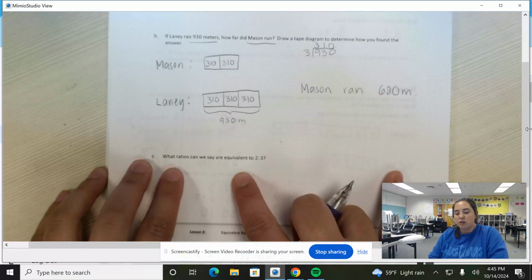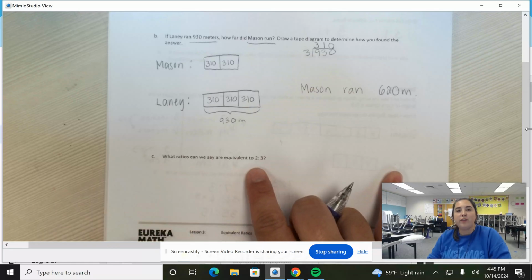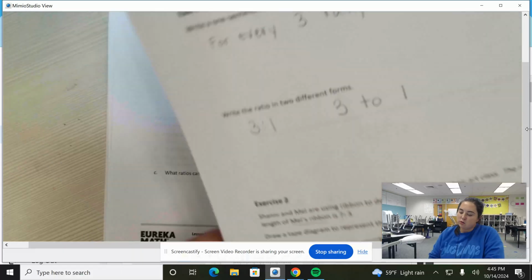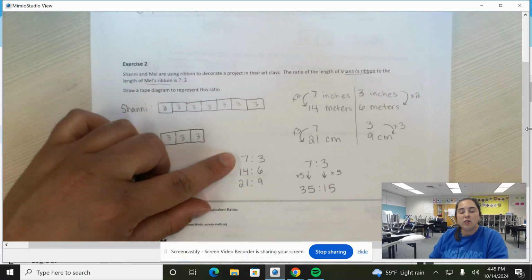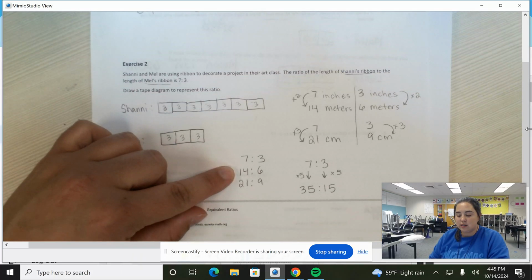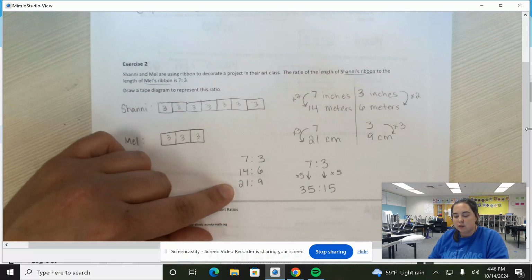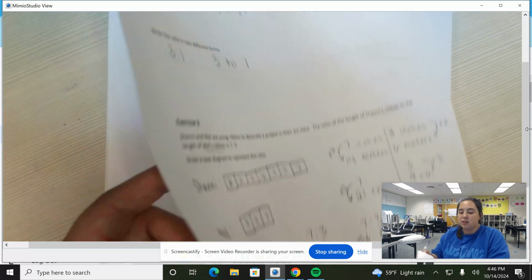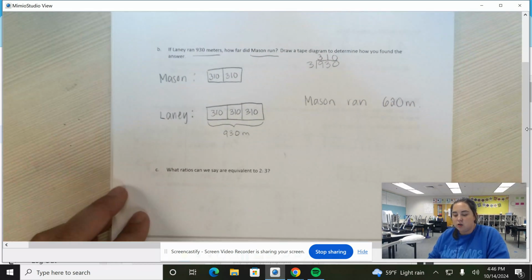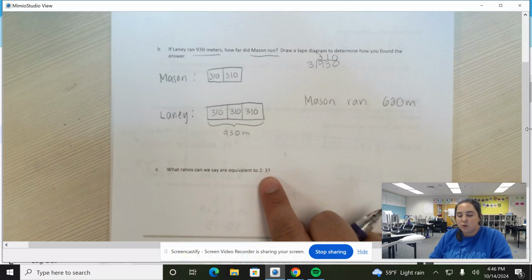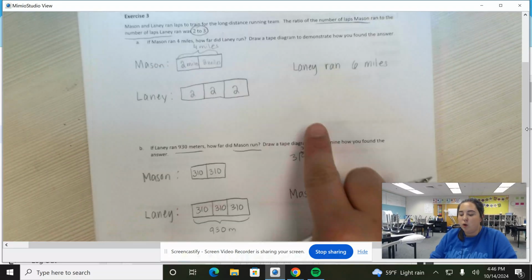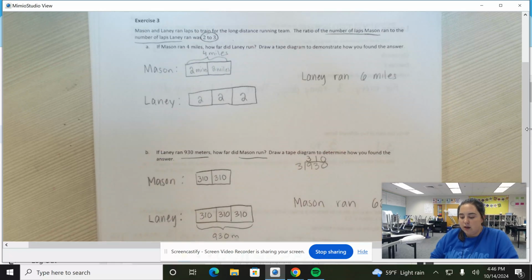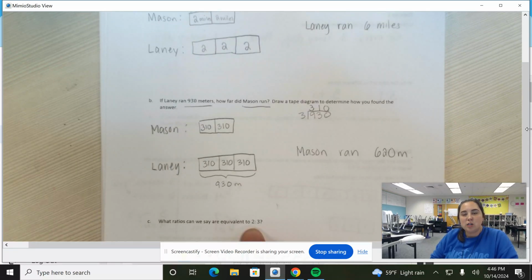What ratios can we say are equivalent to 2 to 3? So kind of thinking back to what I did here, 7 to 3 was equivalent to 14 to 6. 21 to 9 was equivalent. 35 to 15 was equivalent. So what equivalent ones? We just built a couple of them. What ratio is showing up here? We had Mason first. Remember, Mason was the 2.